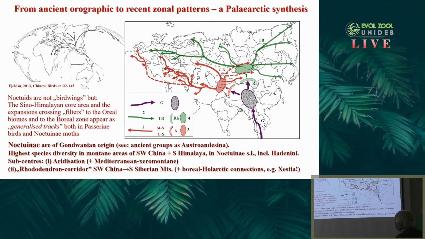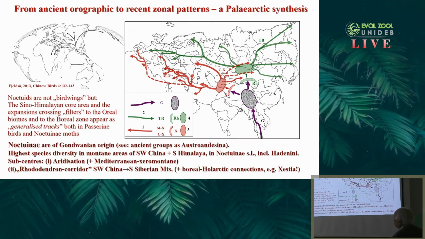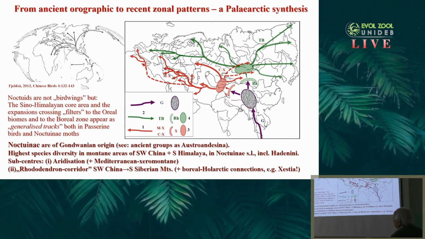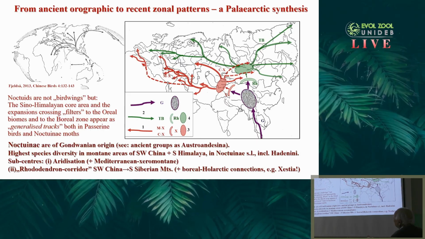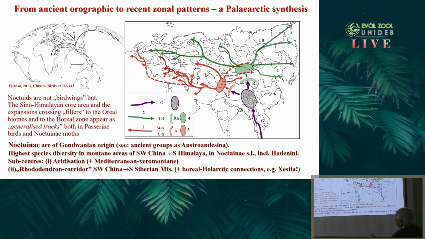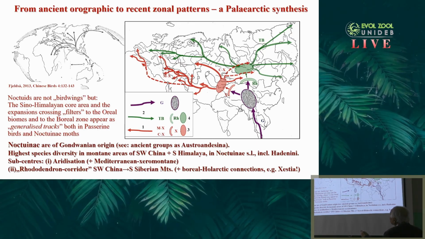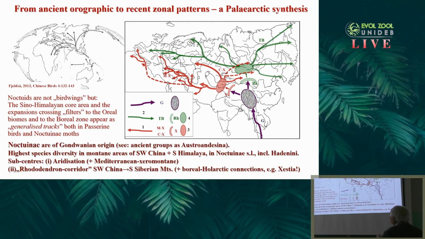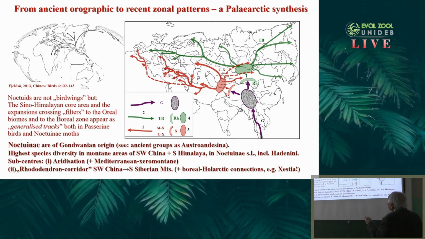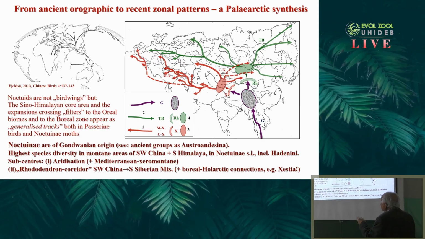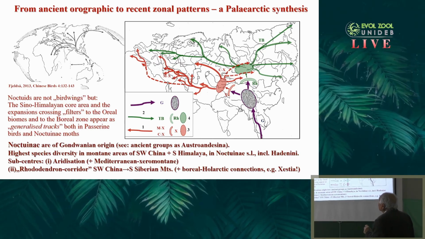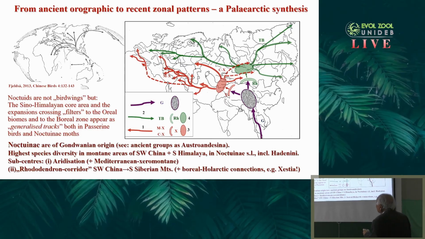Ornithologists have discovered also a very similar pattern, you can see. The highest diversity of several passeriform groups is here in this area, and the two basic directions of differentiation are nearly the same as here in Noctuid moths, so it is very useful to survey the similar patterns, to analyze the similar patterns.